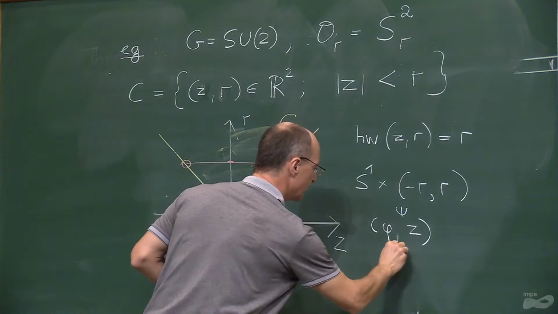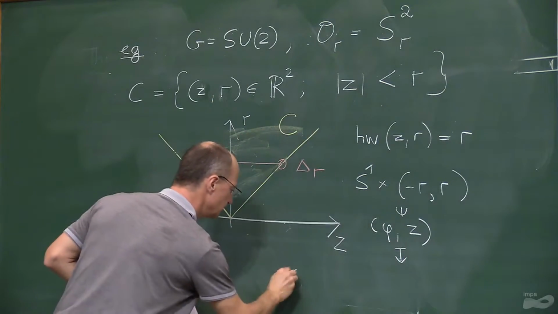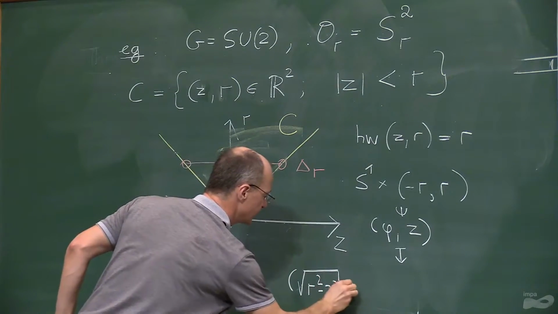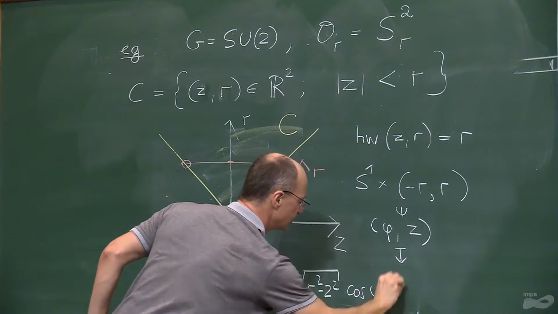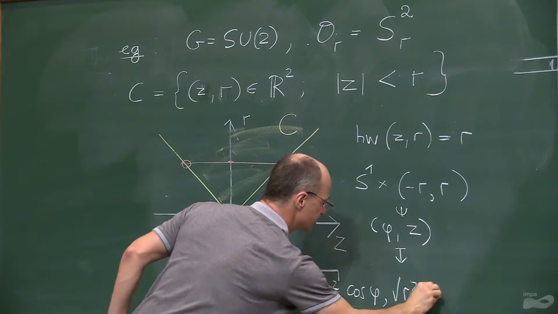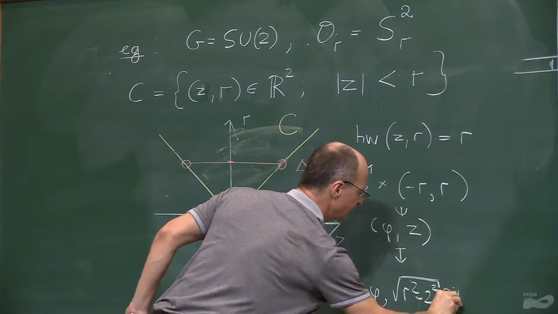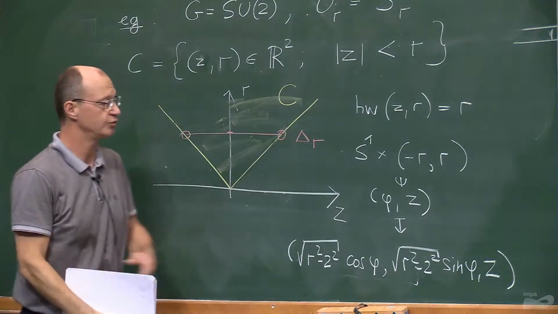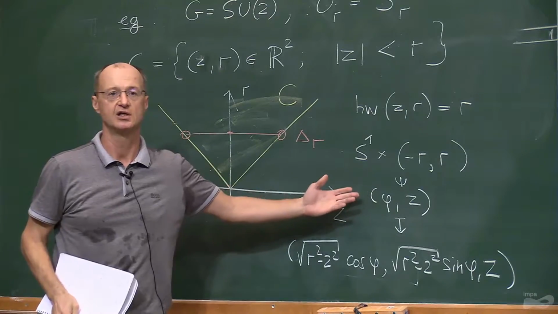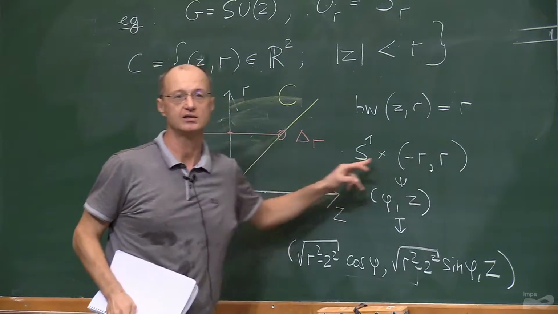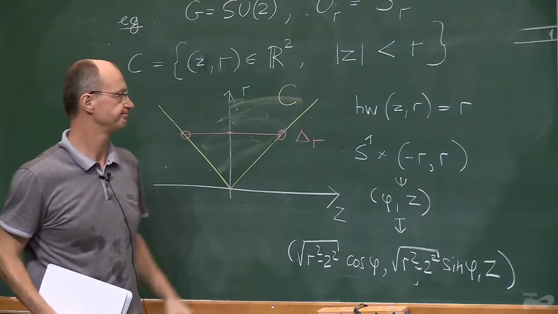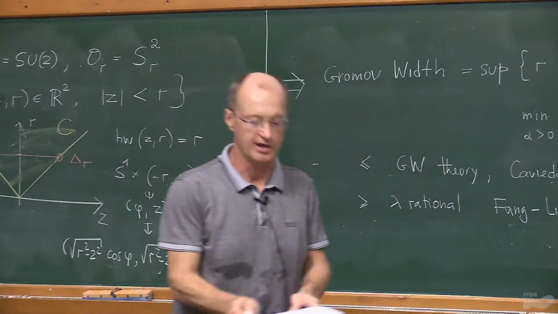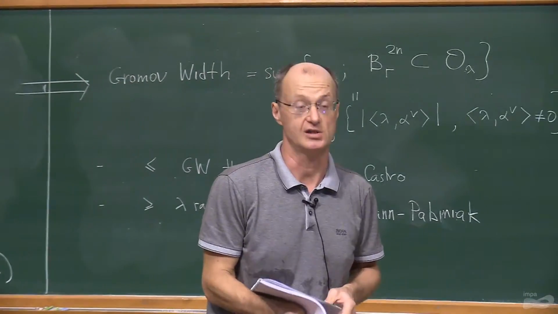So it maps, well, you can imagine what it is: square root of R squared minus Z squared times cos phi, square root of R squared minus Z squared times sine phi, and Z. So that would be the standard Gelfand-Zeitlin chart, a toric chart in a two-sphere. So that's how roughly we expect those things to look like, at least in the simple cases.